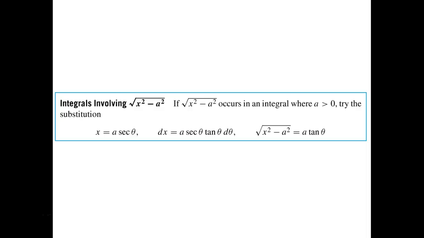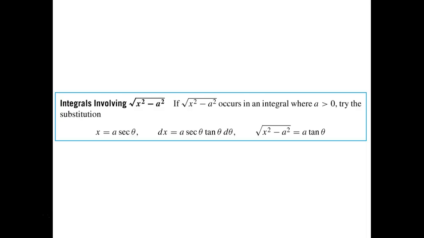dx would be a, what's the derivative of the secant? Secant theta tangent theta. Okay, strange one. Now, the square root of your x squared minus a squared: if you square that, you get a squared secant squared theta.